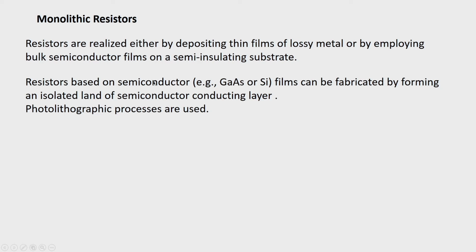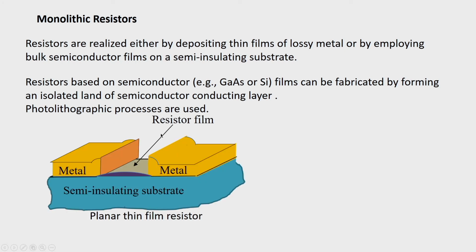Resistors based on semiconductor, either gallium arsenide or silicon films, can be fabricated by forming an isolated land of semiconductor conducting layer, and a photolithographic process is used. So, here we have metallization, here we have semi-insulating substrate and then we have the resistor film. So, this is the planar thin film resistor.